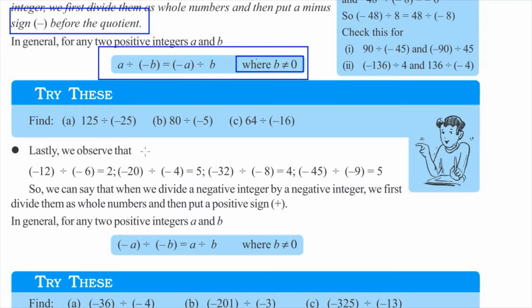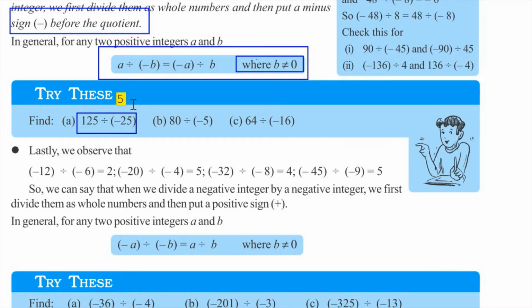Now let us go on to try these exercises. So the first one is 125 divided by minus 25. We saw that whenever we are trying to divide a positive integer by a negative integer, we need to consider them as whole numbers and then we need to add the negative sign. So we know that 125 divided by 25 is going to give us 5.